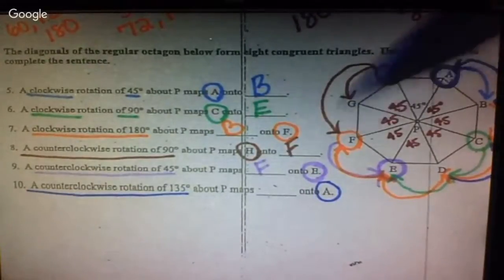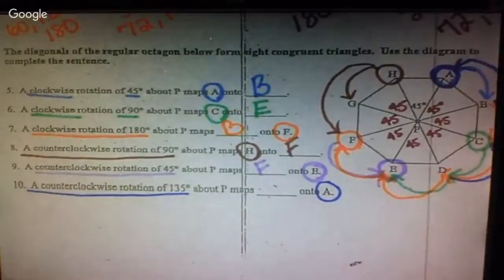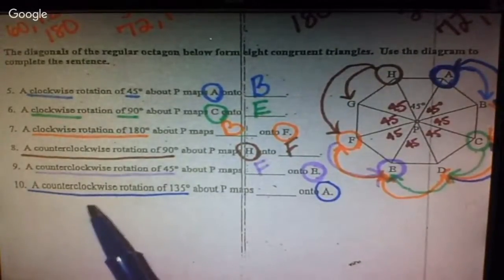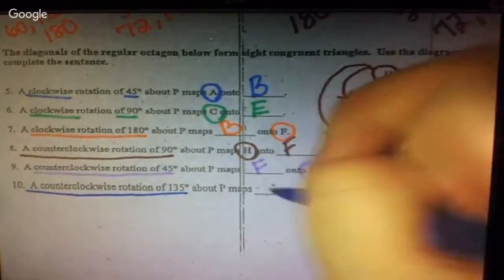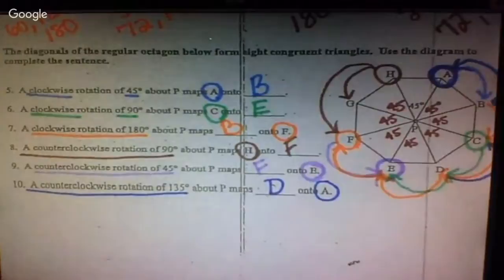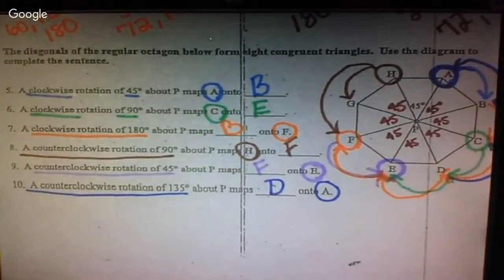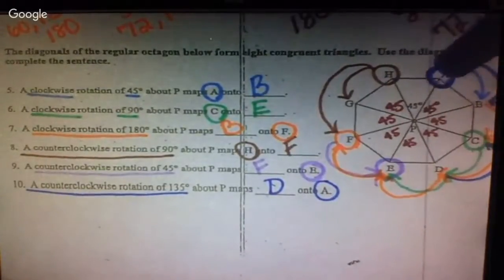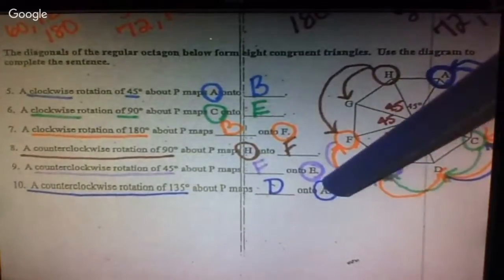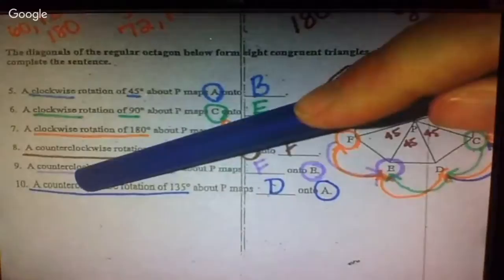F. Yeah, but if you start at F and go to A, that would be like going clockwise. Right, and I want it to go counterclockwise. So technically we would be starting at A and go counterclockwise to D. Technically, if you want to start at A and do this, you have to go opposite of this.